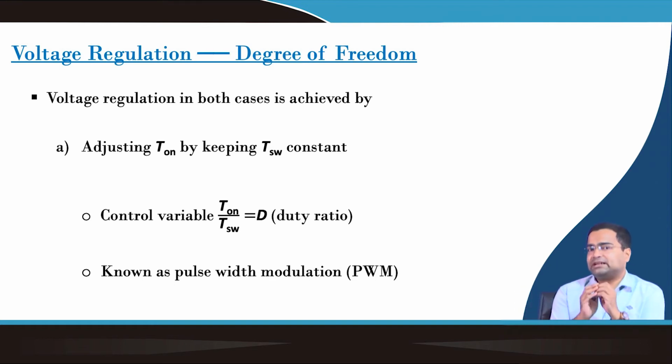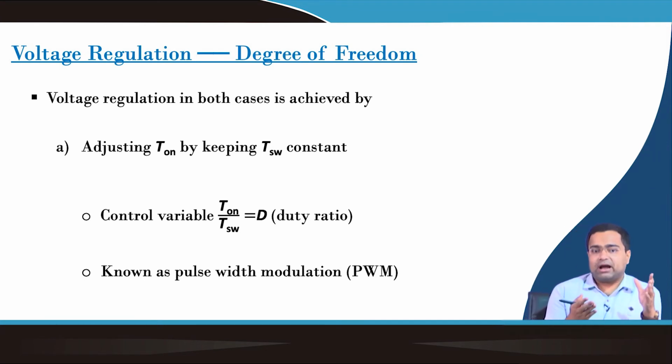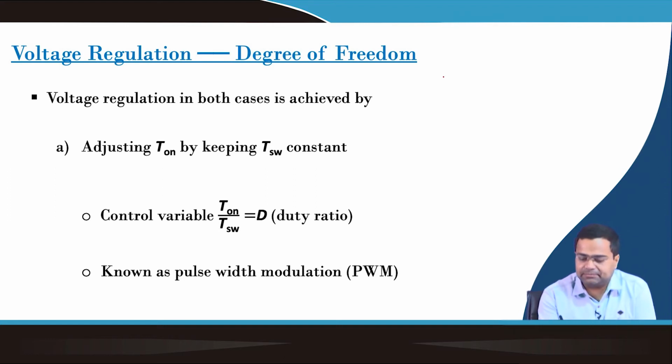So, our ultimate objective is to regulate the output voltage. Then how can we regulate the output voltage when there can be variation in input voltage or variation in load current? So, we can adjust T on by keeping TSW constant. We know the relationship that voltage gain, if we take a buck converter, is T on by T on plus T off.